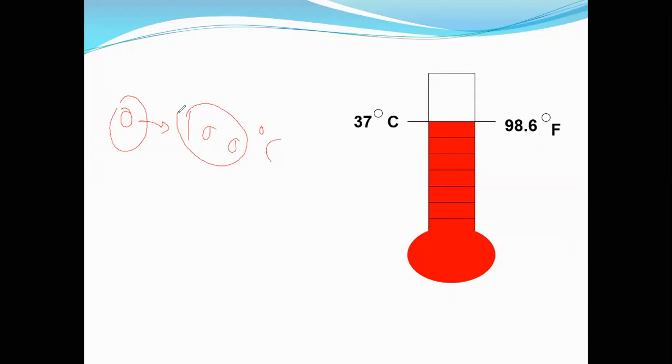Okay, in Fahrenheit, things are different. For example, as you may see here, 37 degrees Celsius is equal to 98.6 Fahrenheit. So this is a difference between the measurement in Fahrenheit and in Celsius.